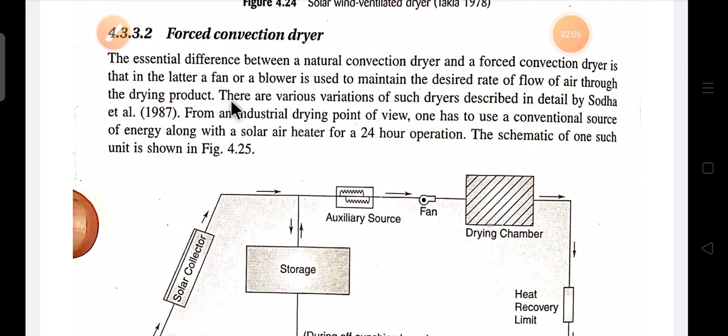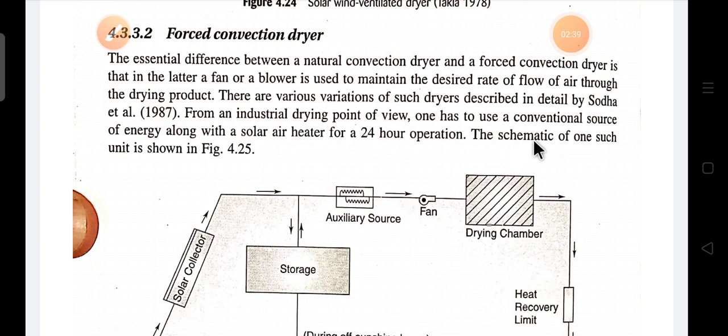Okay. There are various variants of such dryers described in detail by Sodha. From an industrial dryer point of view, one has to use a conventional source of energy along with a solar air heater for 24-hour operation.